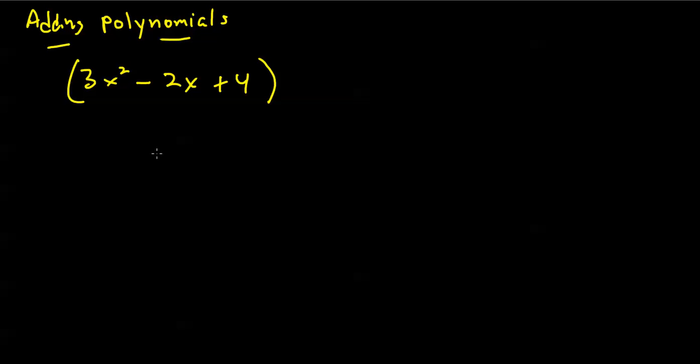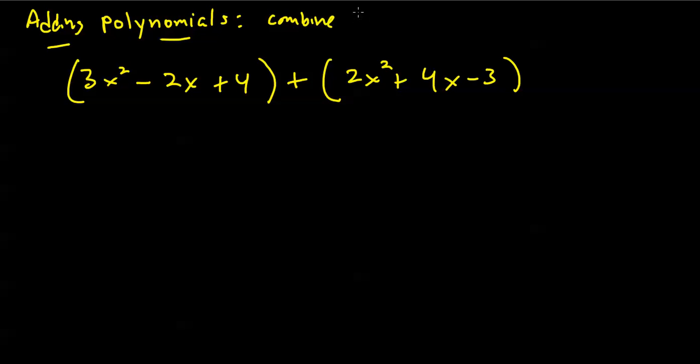That is a trinomial of degree 2. And to that I want to add 2x squared plus 4x minus 3. And I'm betting you've done stuff like this before. If we add polynomials, basically we'll just combine like terms. Combine like terms and simplify.